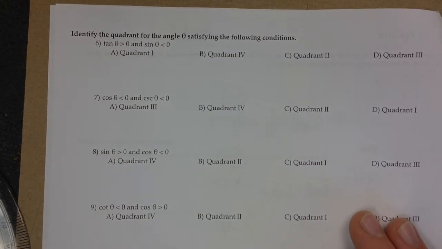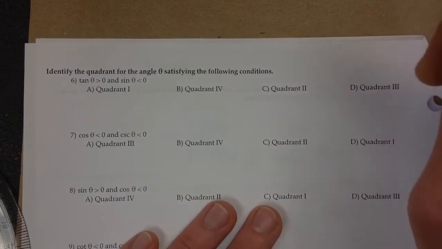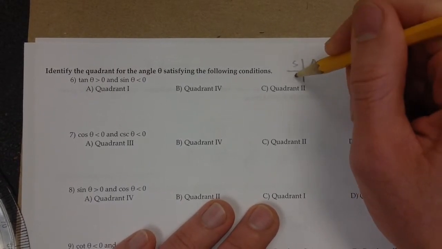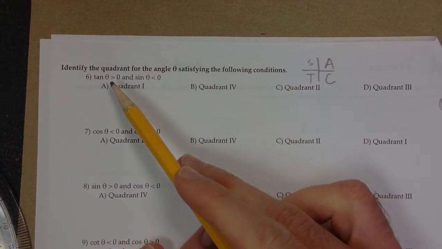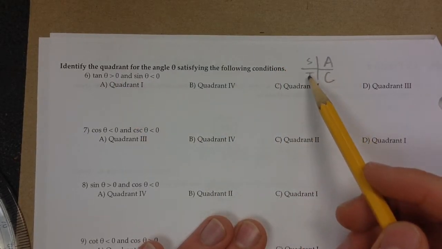6 through 11 just require you to understand where the trig functions are positive or negative. It's the whole ASTC thing. So tangent is positive in the first and third quadrants.